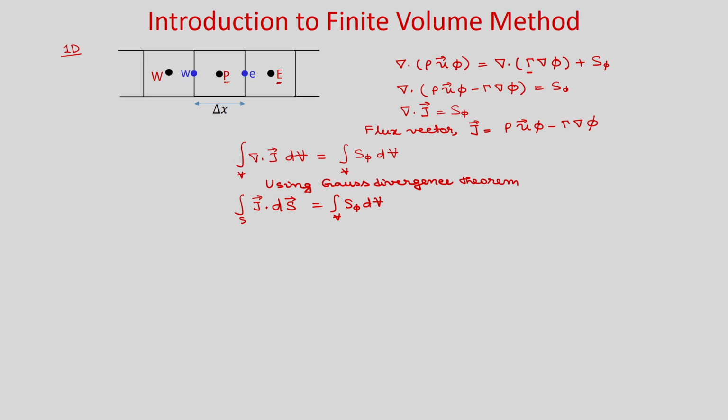So, the flux for P there will be one flux, and for small e at the east face also there will be a flux, but you can see that the outward normals are opposite. So, for P it is in the positive x direction, and for capital E, for the face small e, the outward normal is in the negative x direction. The same flux you are calculating at the east face, but they are opposite in sign.